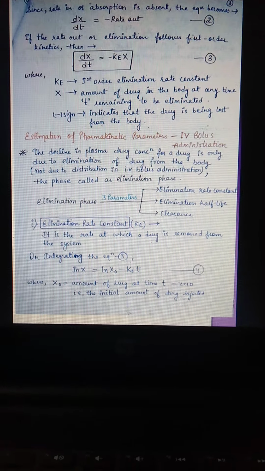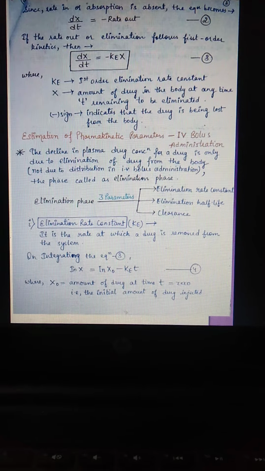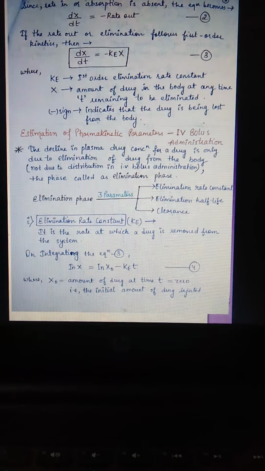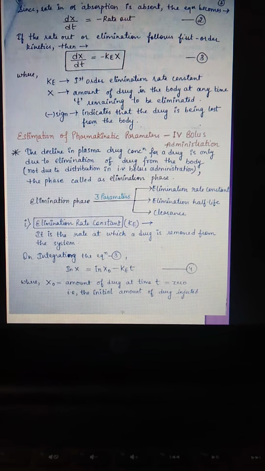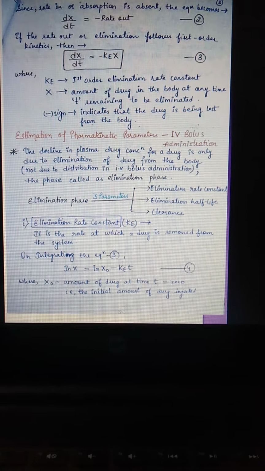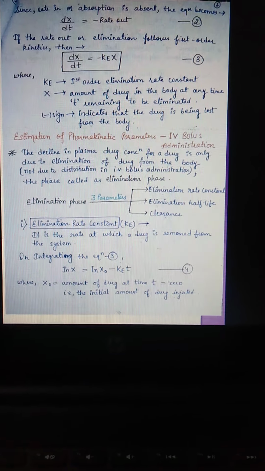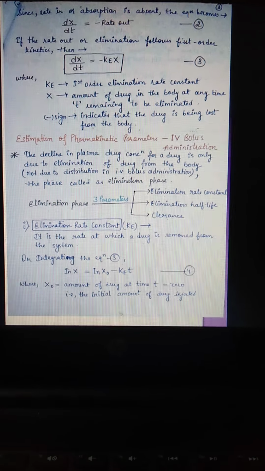Since the absorption rate is absent, the equation becomes dX/dt is equal to minus Ke X, where Ke is the first order elimination rate constant, the negative sign shows that the drug is being lost from the body, and X is the amount of drug at any time t.